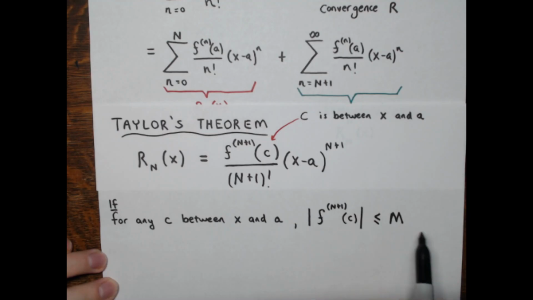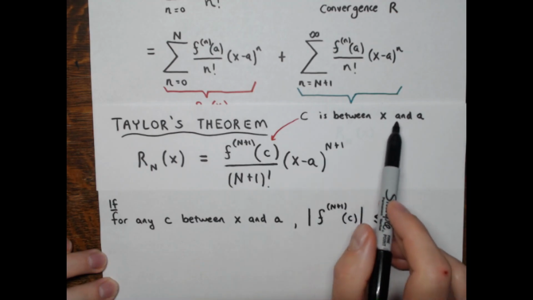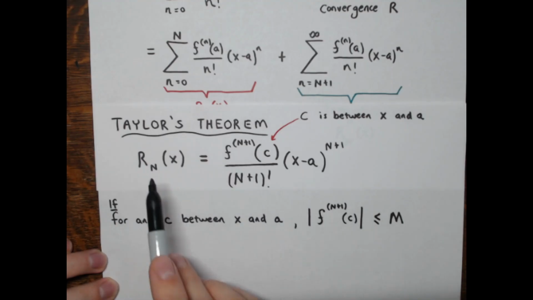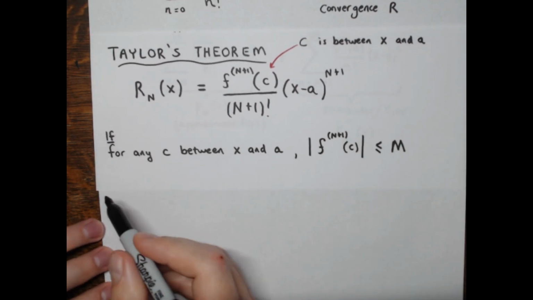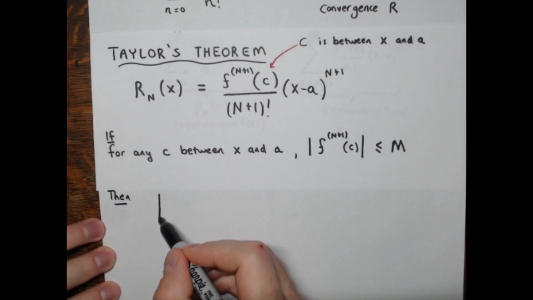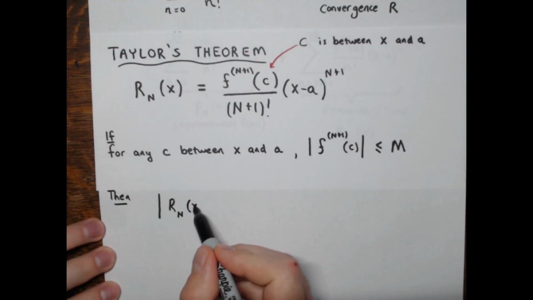If this is the case, if this n plus first derivative between x and a is always lower than a specific value, it's always under M, then we can put a bound on the absolute error in our approximation. Right, so then the absolute value of our remainder, the absolute error.